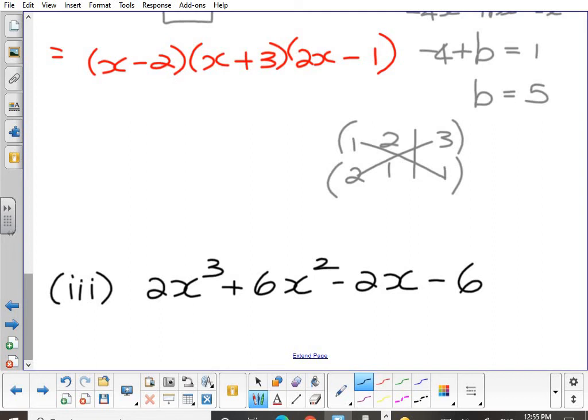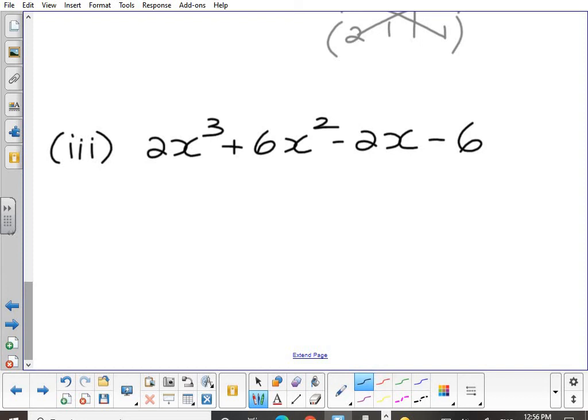Understand? x plus 1 is then a factor. Yes, and now you can go and get the rest.